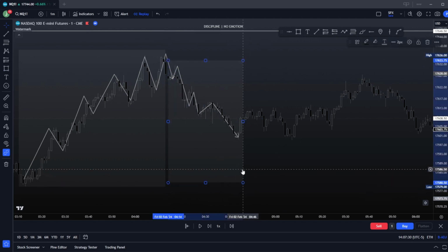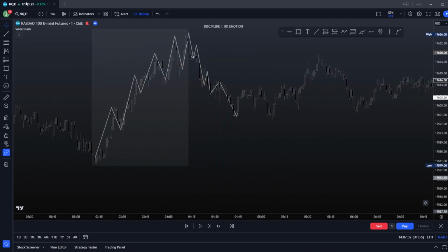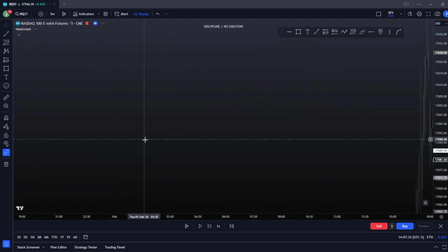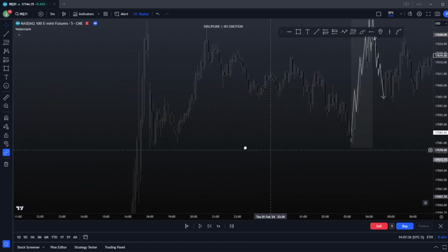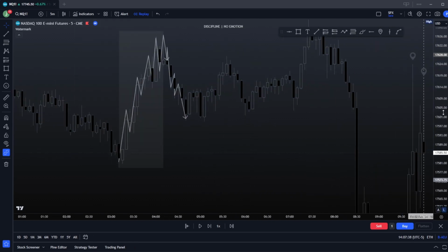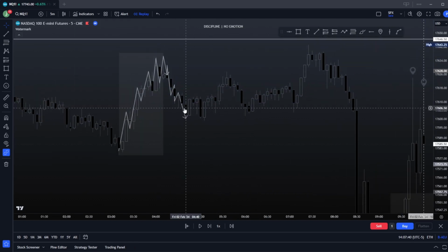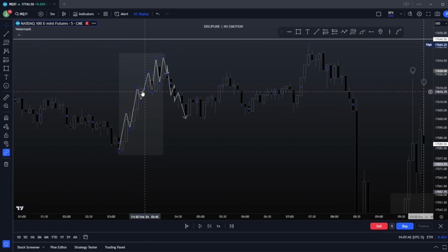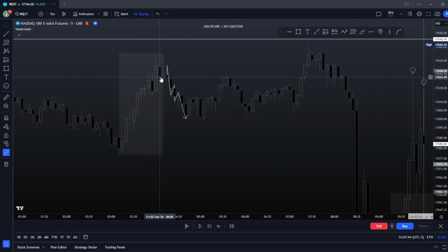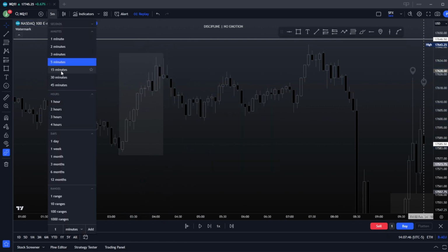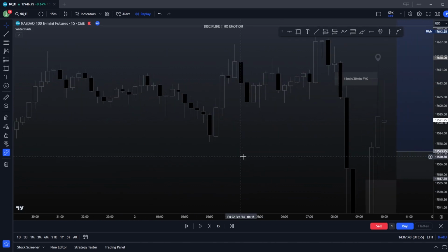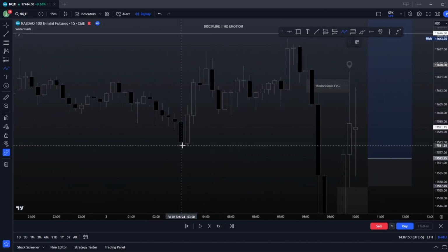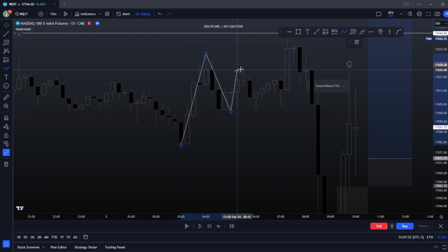However, let's look at the higher time frame. So technically, on a high time frame, we're still looking at higher lows at least.